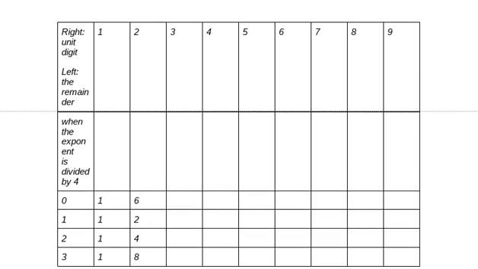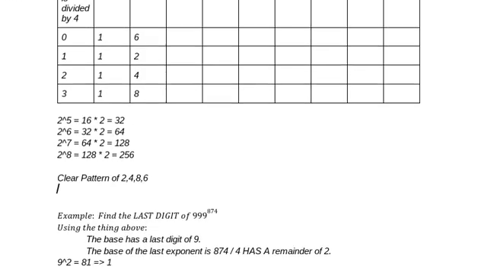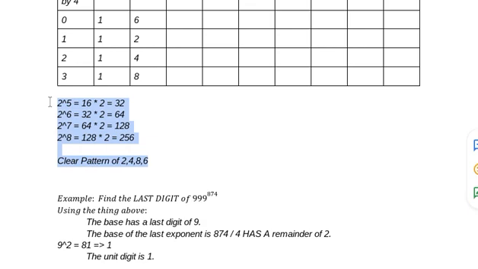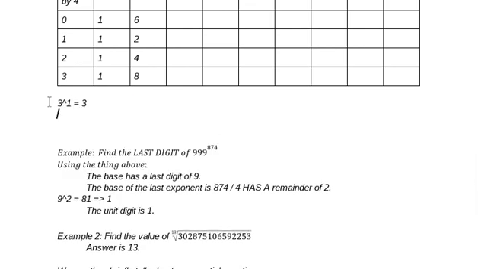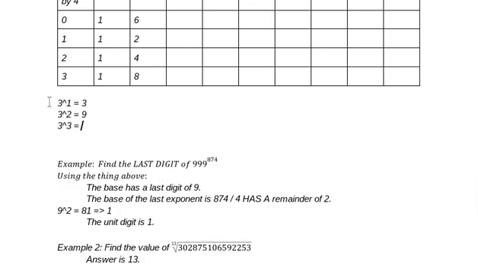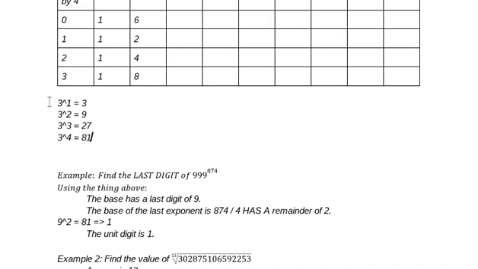We are then going to do the same thing for 3. So let's start with 3 to the power of 1. So 3 to the power of 1 is 3, 3 to the power of 2 is 9, 3 to the power of 3 is 27, 3 to the power of 4 is equal to 81. The unit digit of the first 4 cases is going to be 3, 9, 7, 1, respectively.